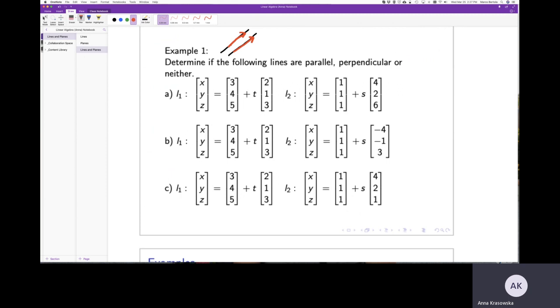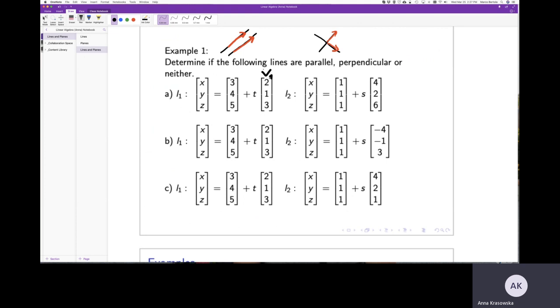If lines are parallel, direction vectors are parallel as well. If the two lines are perpendicular, their direction vectors will be perpendicular as well. Okay. So this is how to check whether lines and planes are parallel or perpendicular or neither. Yes, we will look at their direction vectors.